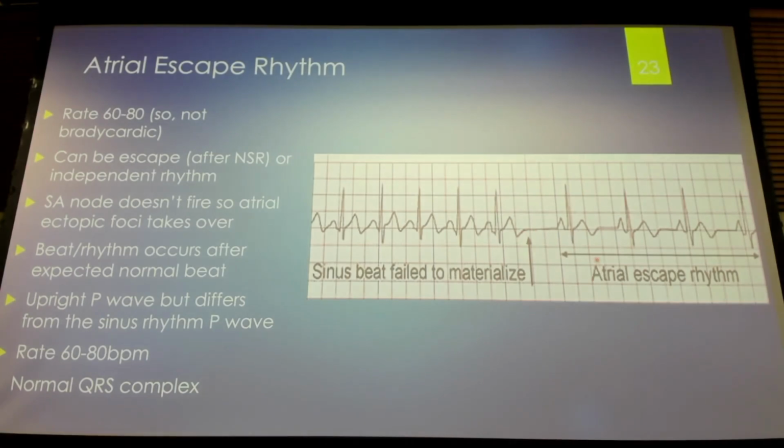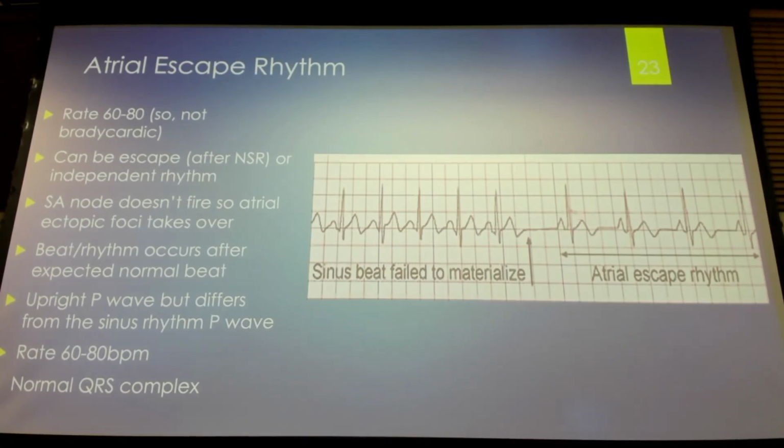And sometimes it's really hard to determine if this is an atrial escape rhythm because we still have a PQRST. But if you look at the P waves, they look a little different in morphology than the other P waves.